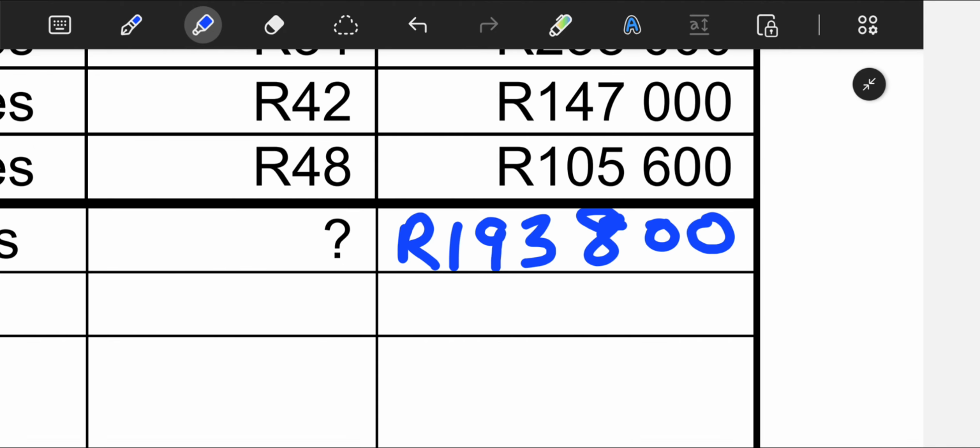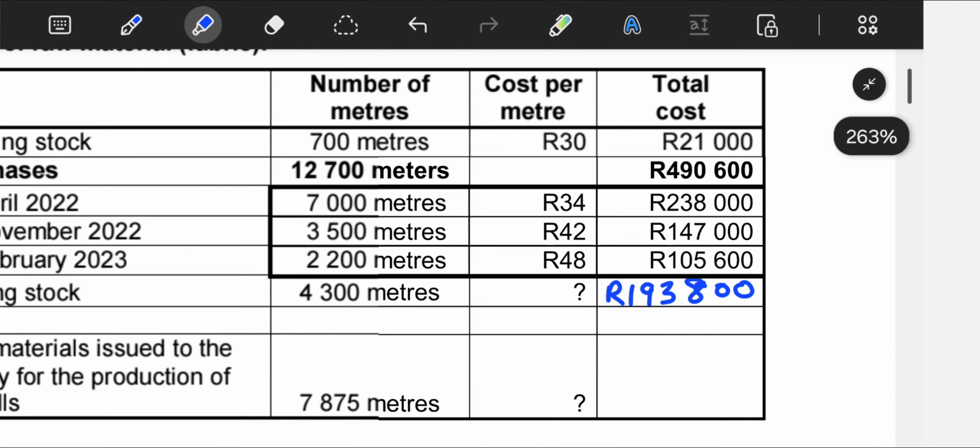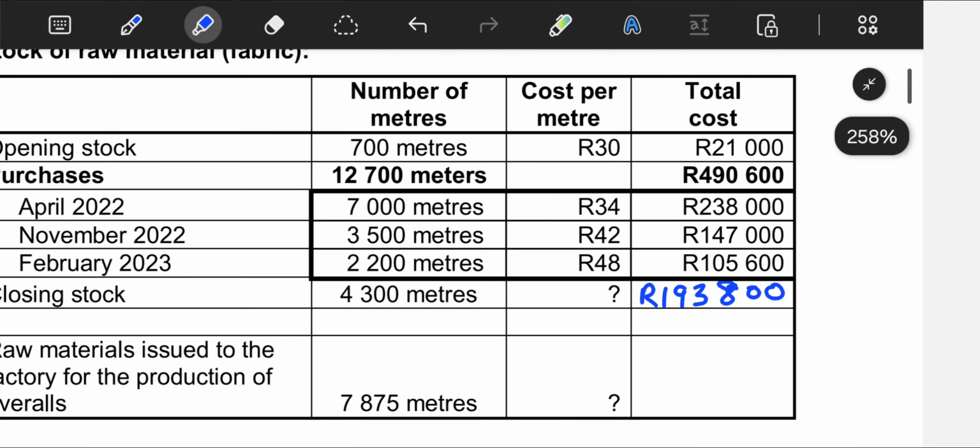Right. So you have your opening, you have your purchases, which is the total of this, and then you have your closing. So how much did you use?